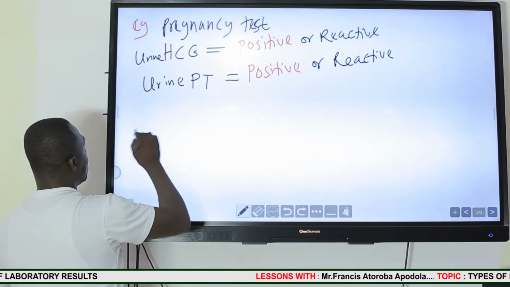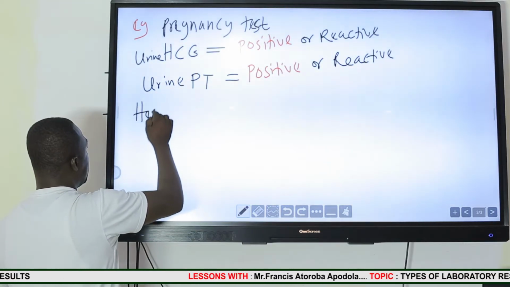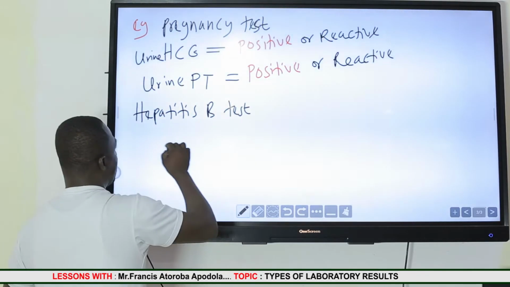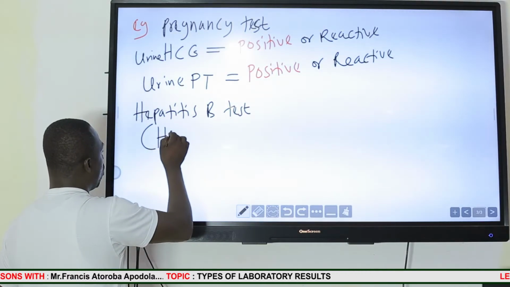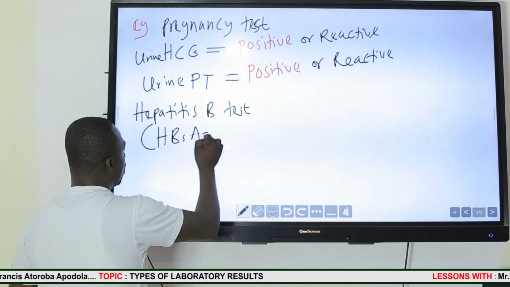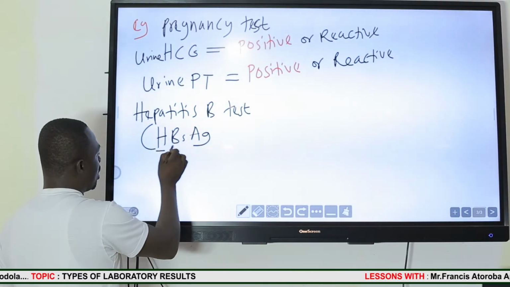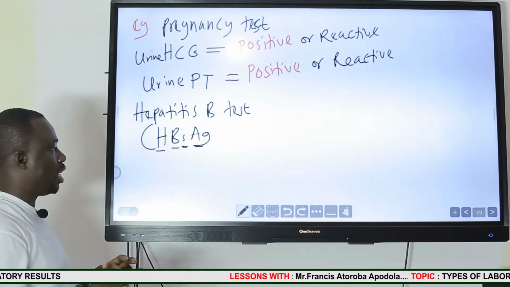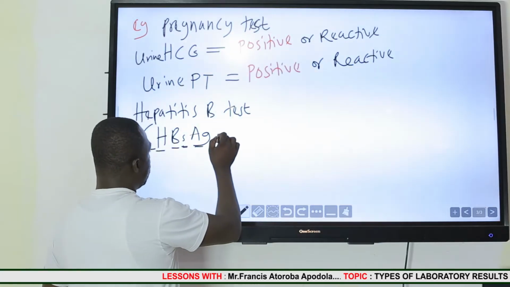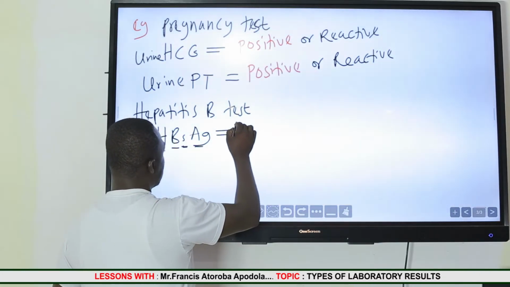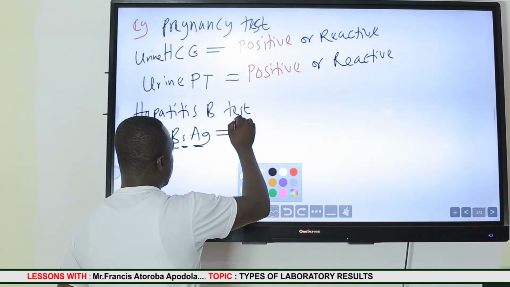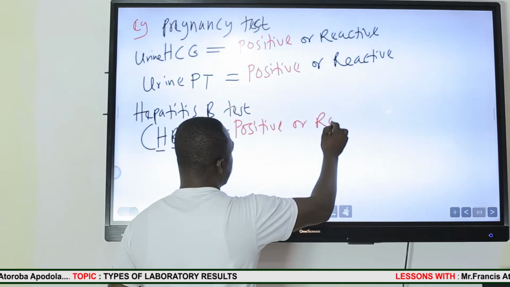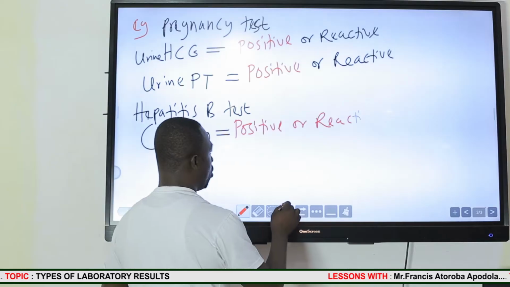Then let's take a test like the hepatitis B test, which actually tests for what we call the hepatitis B surface antigen. Capital A, small g is an abbreviation for antigen. The hepatitis B surface antigen can be reported as positive or reactive, where positive appears to be more confirmed.